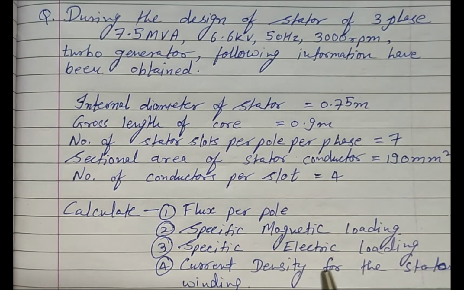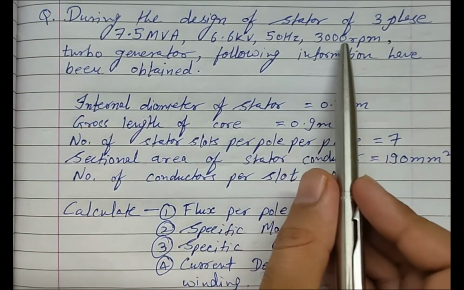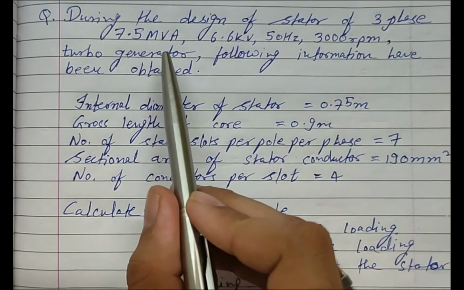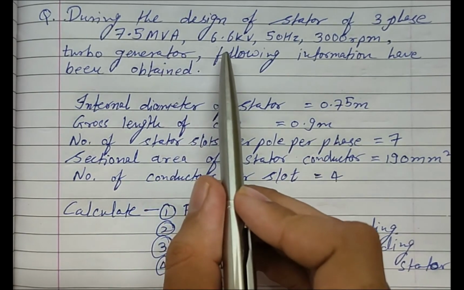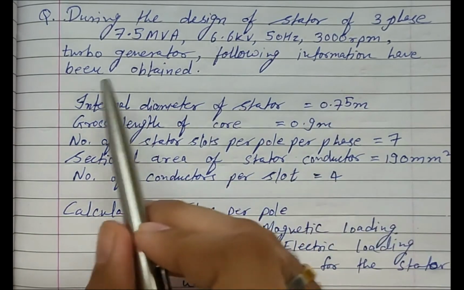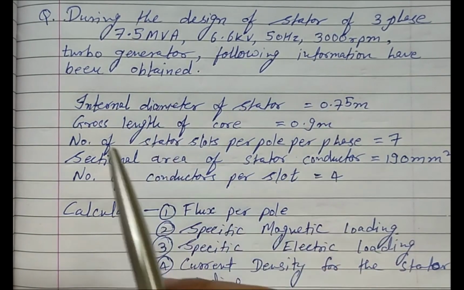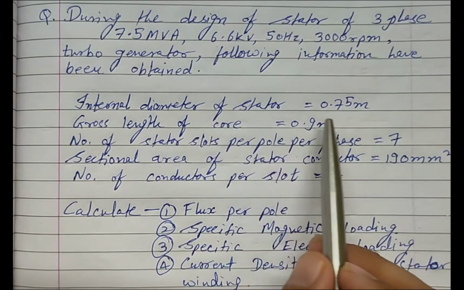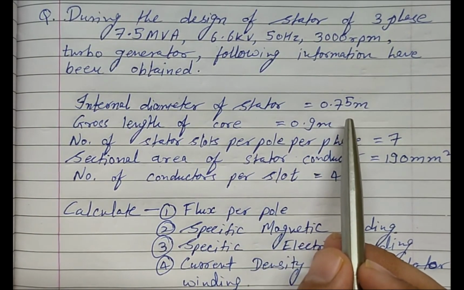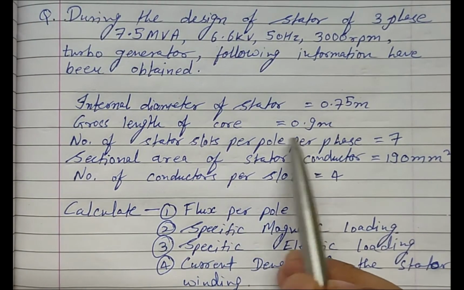Coming to the last numerical of this video series, the question says: during the design of the stator of a 3-phase 7.5 MVA, 6.6 kV, 50 Hz, 3000 RPM turbo generator, the following information has been obtained. Internal diameter of the stator is 0.75 meters. Gross length of the core is 0.9 meters.